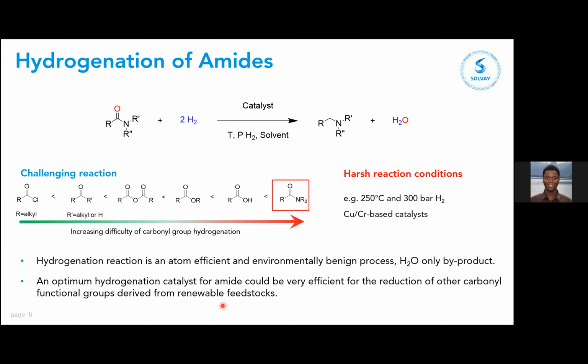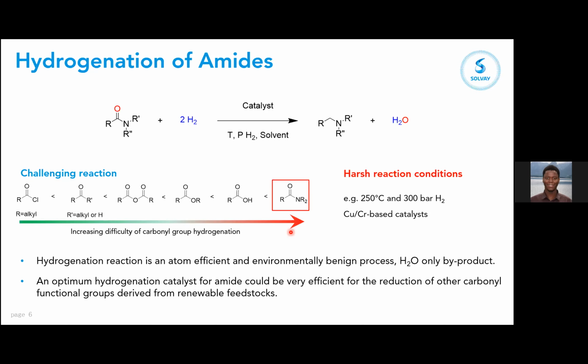However, we know that for the hydrogenation of carboxamides, the difficulty usually increases as you go from a simple carboxamide functional group to the amide on the far end, which is the most difficult carboxamide functional group to be hydrogenated, mainly due to the stabilization effect of the pi electrons in the carbonyl group by the conjugation with the nitrogen atom.